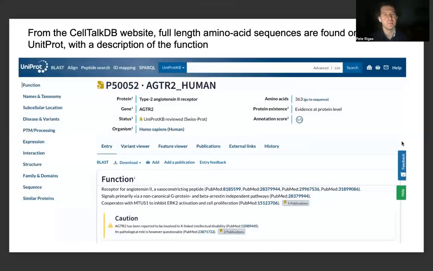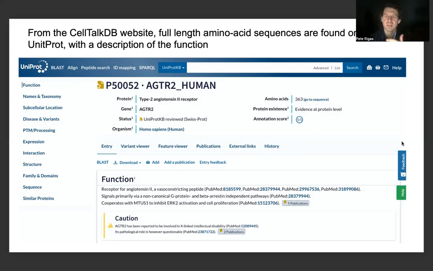And from the CellTalkDB website, as we've been mentioning from the browse section, we can look at and obtain full-length amino acid sequences that are found on UniProt, as well as a corresponding description of the function of these different ligands and receptors.